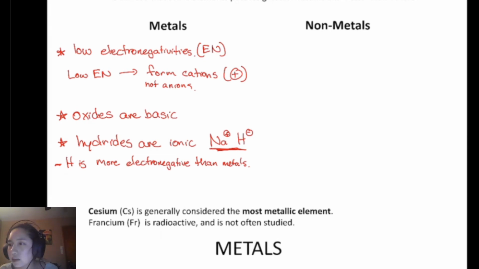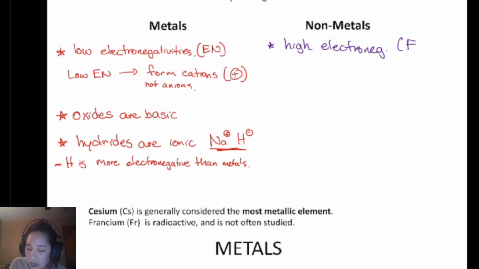All right. So for nonmetals, nonmetals have high electronegativities. So that means large electronegativities means that nonmetals are more likely to form anions, which are negatively charged, right?